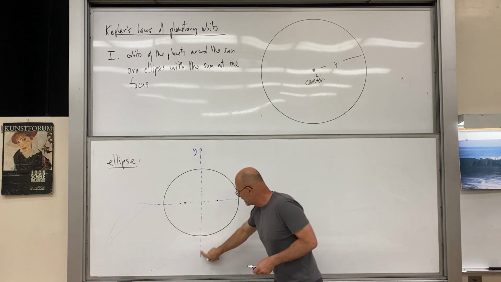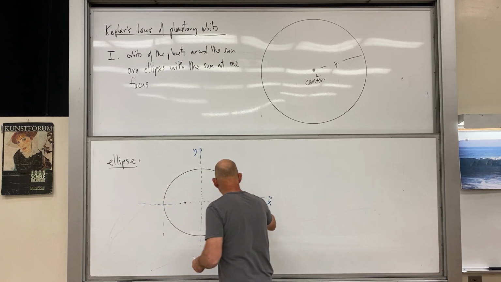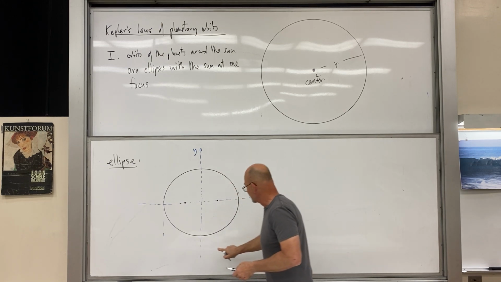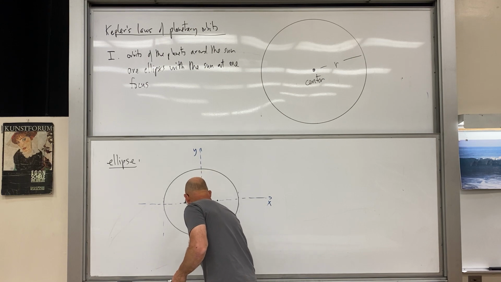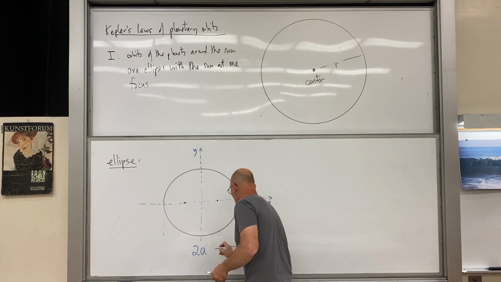And then we can define the extent of this ellipse. It has a long and a short aspect. And this here is 2 times A, where A is called the semi-major axis.